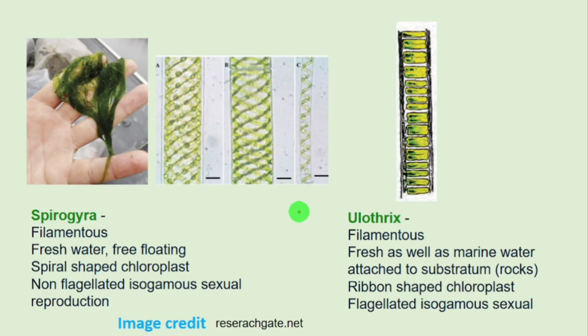Both are filamentous. Another important point you need to remember is both show isogamy. In case of colonial form, we saw both show anisogamy. Here it is isogamy. The only difference is in Spirogyra you will see non-flagellated isogamy. Here it will be flagellated isogamy.